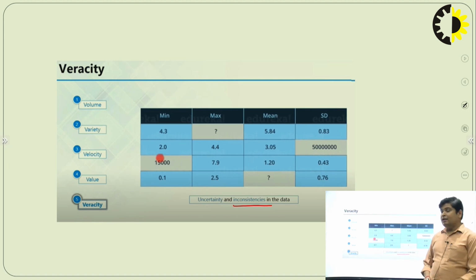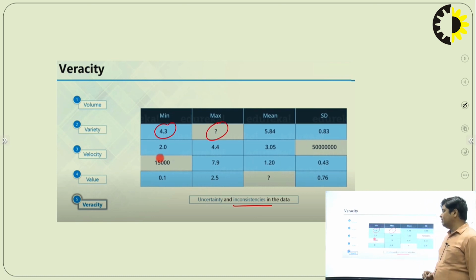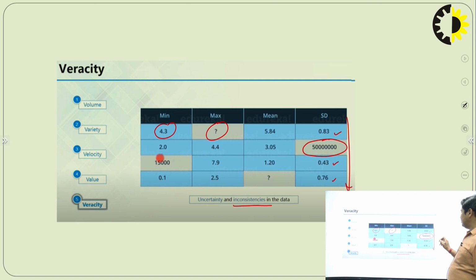But now veracity means uncertainty and inconsistency in the data. Here we find a missing value, and this data is in decimal, but this data has an integer value. So, this is the inconsistency. There is no sequential pattern in the data. So, this is called veracity.